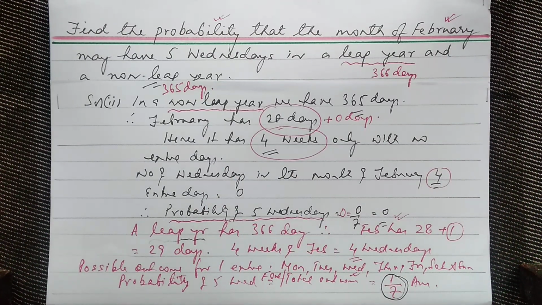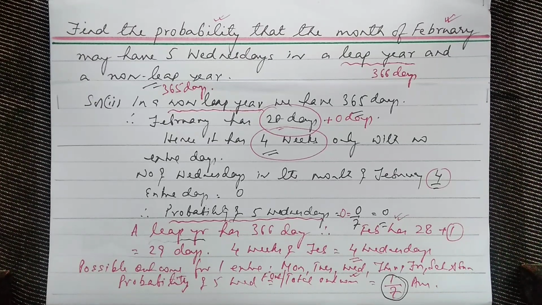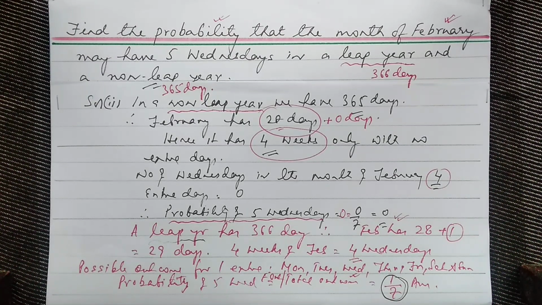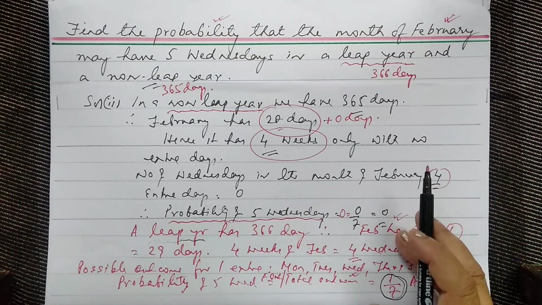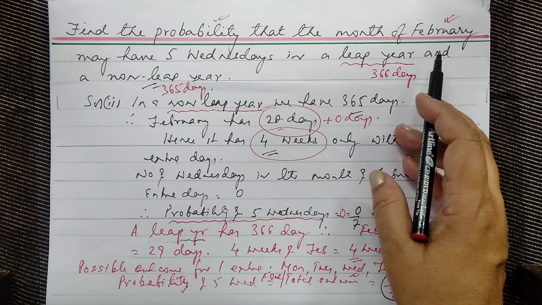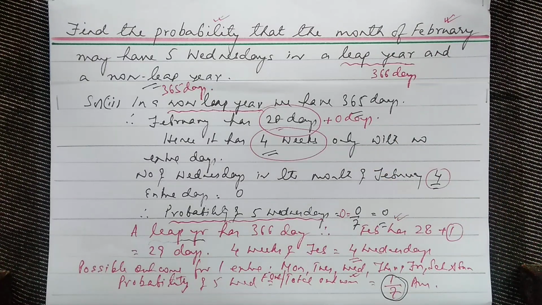Alright guys, now I had given some homework to those students who were explained earlier. So you too take this for homework, but I'm going to explain further about the situation when you come across a month having 31 days. Alright.